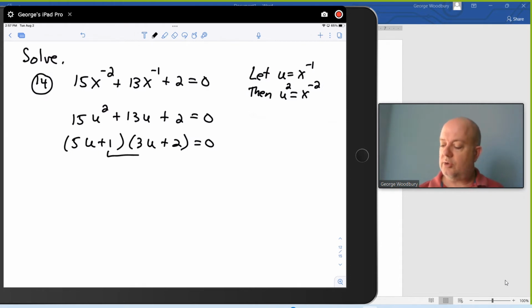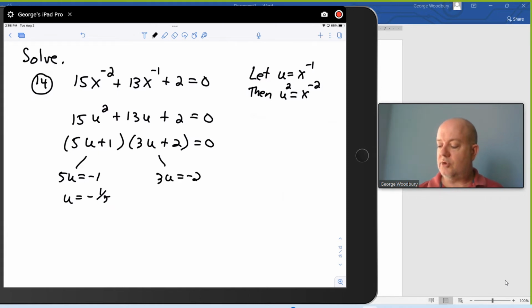But notice 1 times 3u is 3u, 5u times 2 is 10u, 3 and 10 make 13. So my two solutions come from 5u being negative 1, or u being negative 1/5, and 3u being negative 2, or u being negative 2/3.